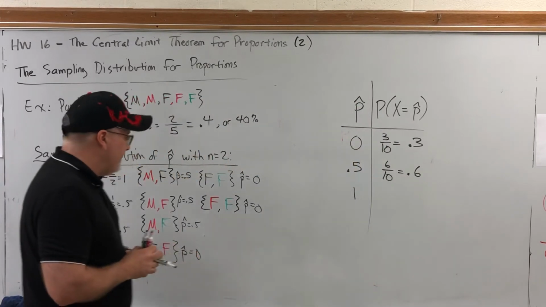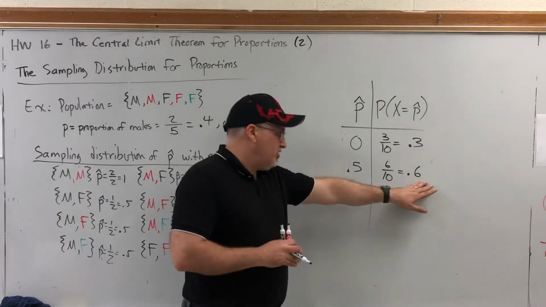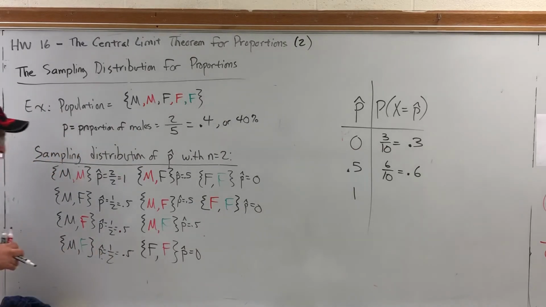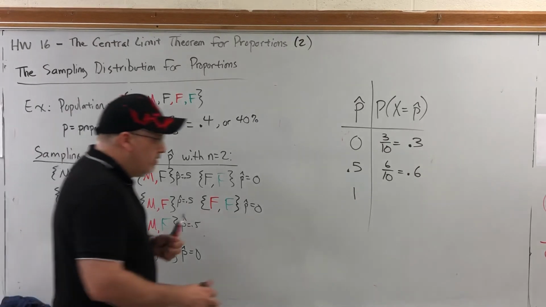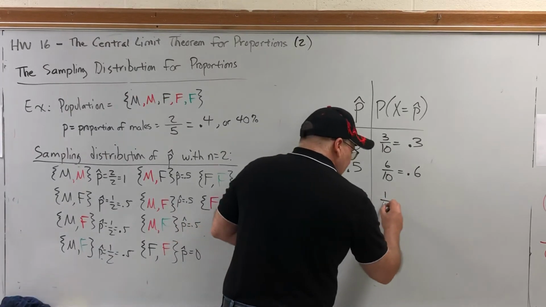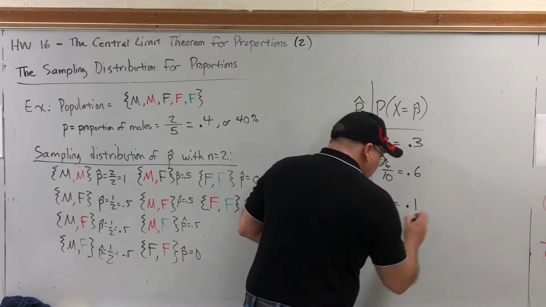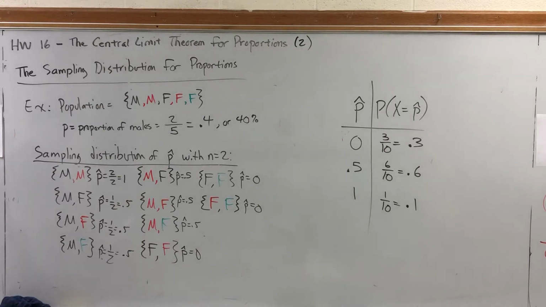So that means that if we pick 2 people at random out of here, there's a 60% chance that half of them are male. And the final p-hat value was 1, but that only occurred once when both members were male. So 1 out of 10 of the samples has a p-hat value of 1. So 0.1. And that's the sampling distribution for p-hat.